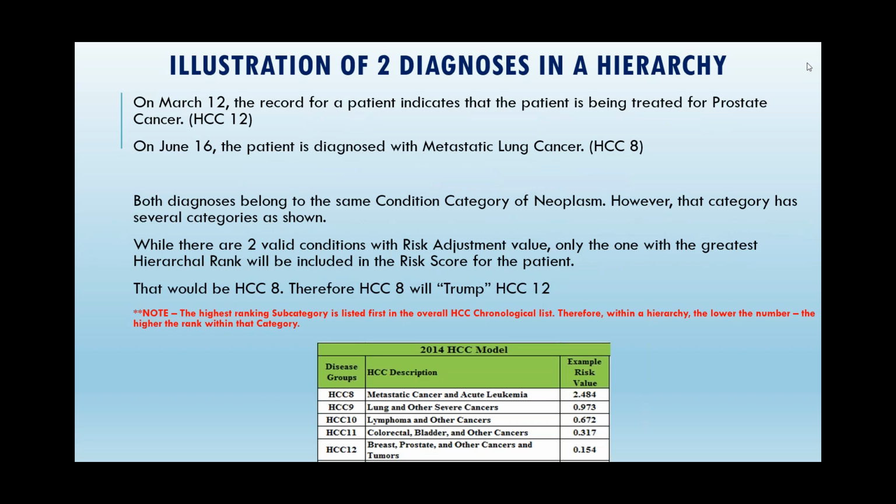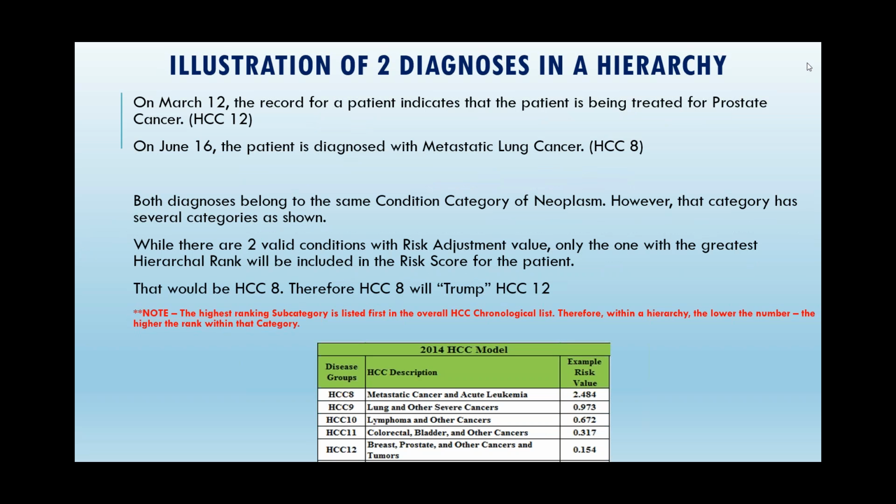The first of which is the neoplasm category. So let's assume that on March 12th, the record for this patient indicates that the patient is treated for prostate cancer, which falls into HCC 12. On June 16th of the same review period, the patient is diagnosed with metastatic lung cancer, and that maps to HCC 8. Both diagnoses belong to the same condition category of neoplasm.